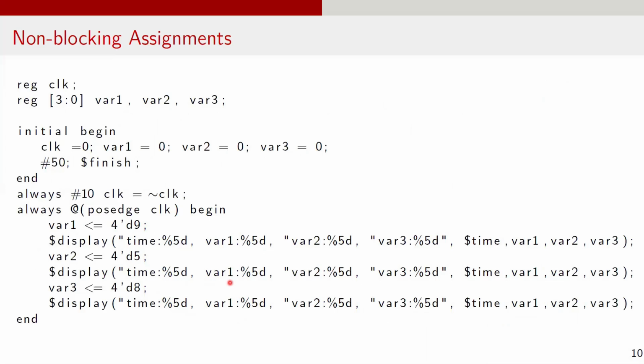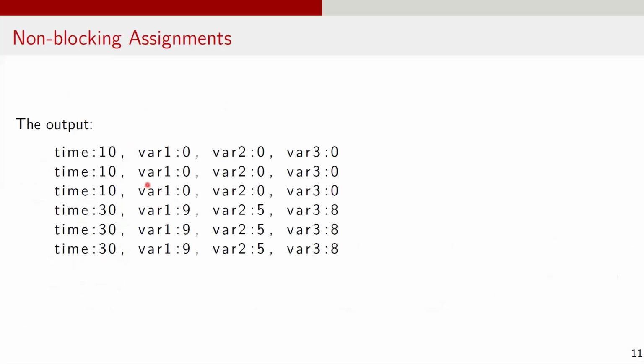In this example, we assign values to three variables, var1, var2, var3, similar to the previous one. However, now we are using non-blocking assignments. If we look at the assignments over here, they have a less-than-or-equal-to symbol, which is a non-blocking assignment happening here.